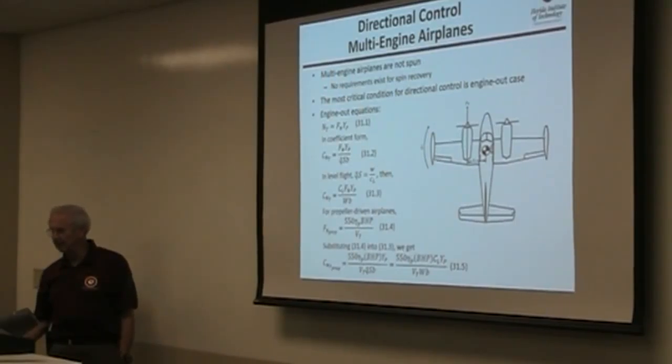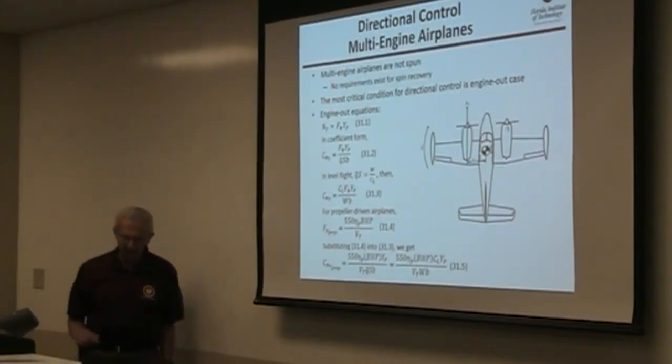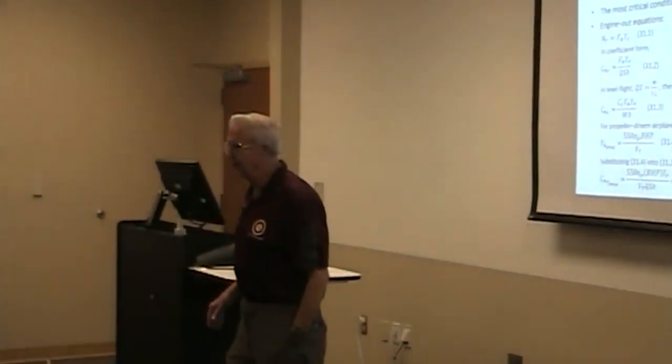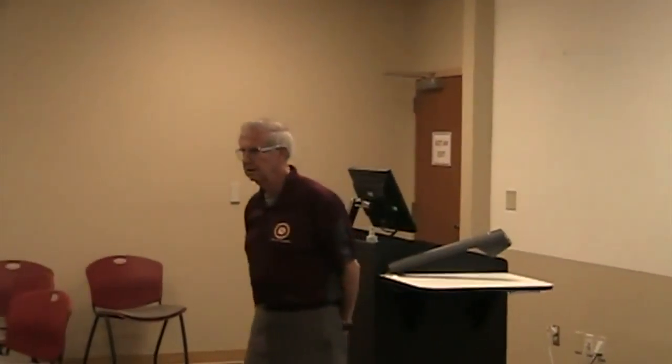Now, the other thing that isn't included in this equation is that if it's a propeller-driven airplane and the propeller is not feathered, which means turning the propeller so it meets the relative wind on an edge, then the propeller is trying to run the engine and is taking energy out of the air.